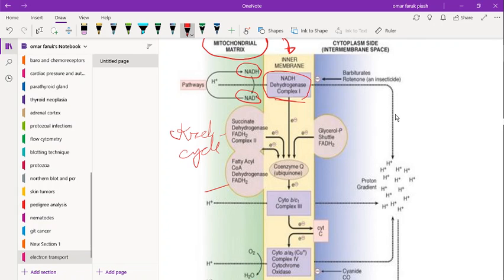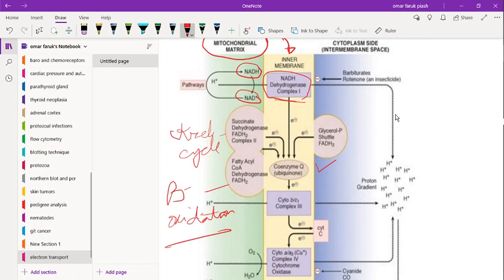And the fatty acyl CoA adds another electron, which comes from beta oxidation, and another electron comes from the glycerol phosphate shuttle, FADH2. These 3 electrons along with the electron coming from complex 1 enter the ubiquinone.